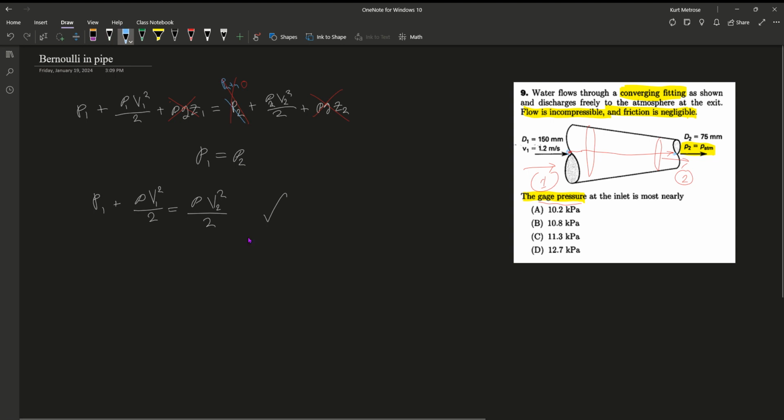However, if you said, hey Kurt, we need to find P1 but we are missing V2, right? Note that they don't give us V2. That's just an unfortunate situation. But we can use the fact that the flow rate Q is equal to A1 V1 and is equal to A2 V2. This is a very standard case, and you can think about it this way.